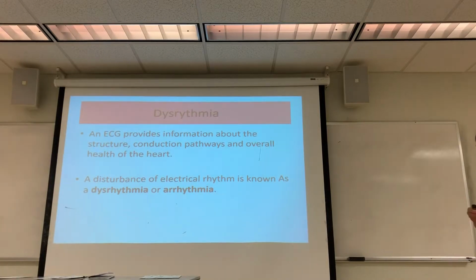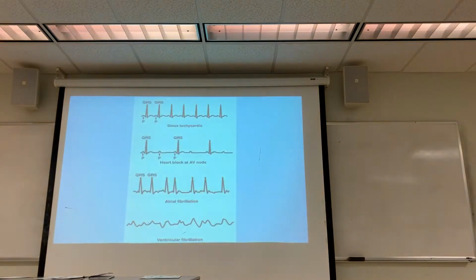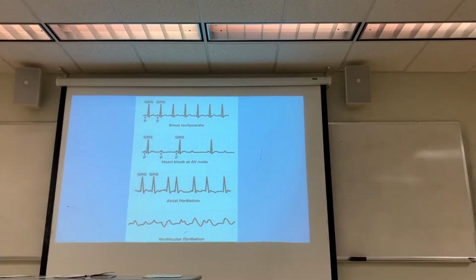It's a disturbance of electrical rhythm, so that your QRS-T are really going crazy, not like the beautiful normal EKG that you saw. So look at this one. This one we call tachycardia. What's tachycardia?